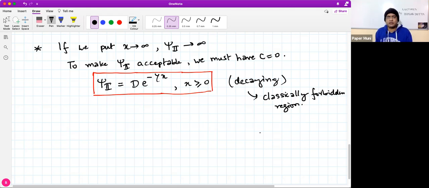Now, how to think about it? It's very difficult to imagine. What does the particle do inside the barrier? What is its energy? What happens to its kinetic energy in the barrier? These questions are very difficult to answer.